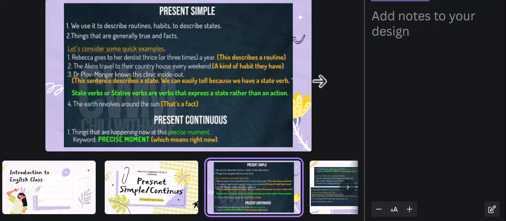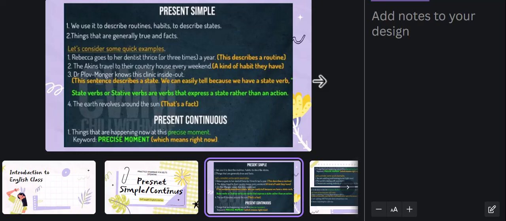We need to know that there are stative verbs and also action or dynamic verbs. A stative verb expresses a state, okay? And we use the present simple with the stative verb, but we can't use the present continuous with the stative verb. And this is what I'm gonna tell you right now.